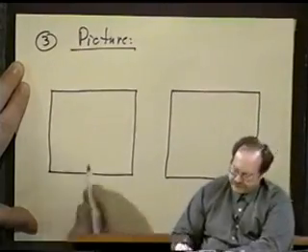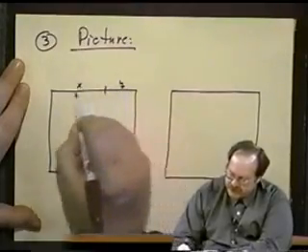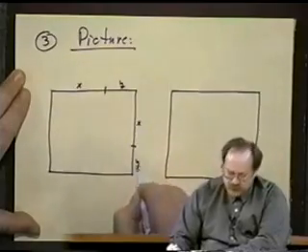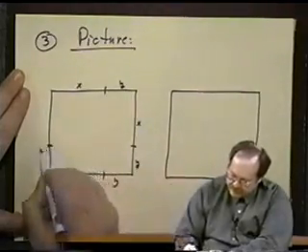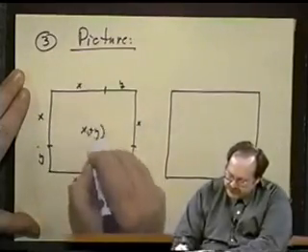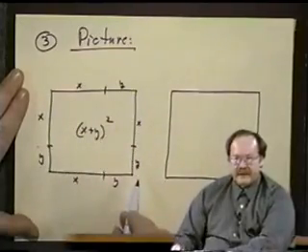Okay, 2 squares. Now this one, each side is of length x plus y. So there's the x, and maybe I make the y look smaller there. This is x, this is y. Make that y, this x, and this y, and this x. So the area of this square is x plus y squared. Okay? x plus y is the length of the side.